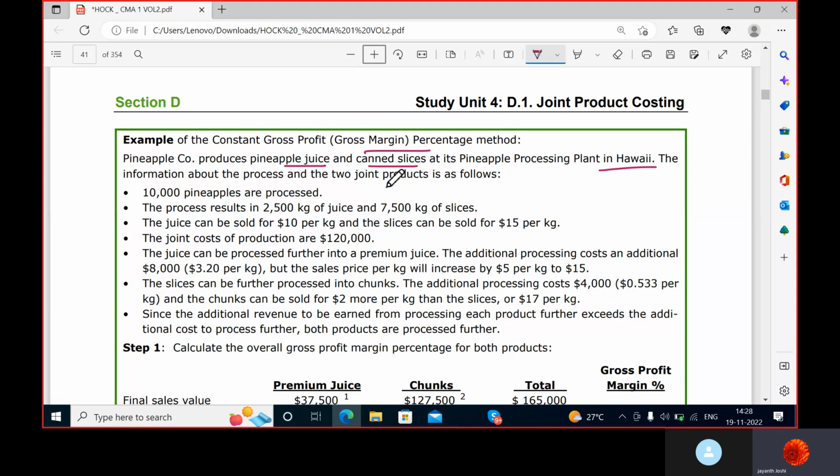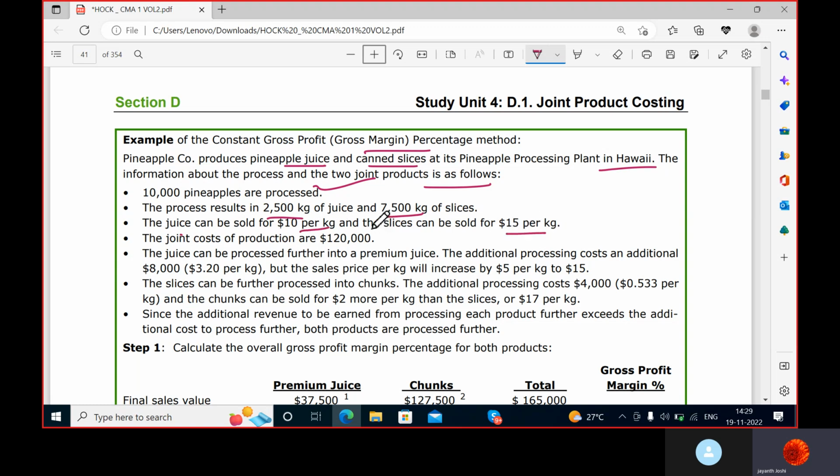Information about the process and the two joint products is as follows: 10,000 pineapples are processed. The process results in 2,500 kg of juice and this much of slices. So these are the two products coming out. The raw material is just pineapple. The juice can be sold for this much and slices can be sold for this much.